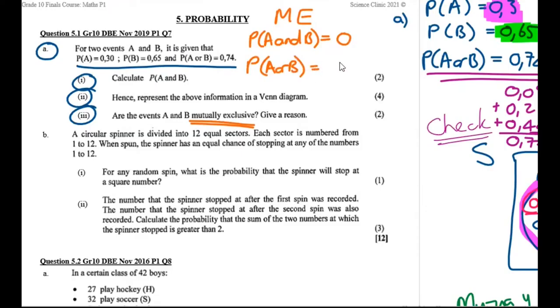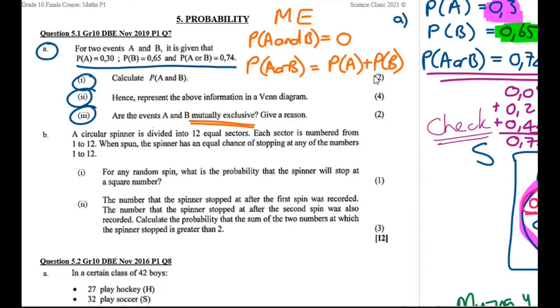But if you work out your probability of A or B, and you work out your probability of A plus your probability of B, they will be equal to each other. And that shows you that they're mutually exclusive. So those are the 2 pieces of information that you get from mutually exclusive. You do not need to use both of them. Either of them, they both say the same thing.